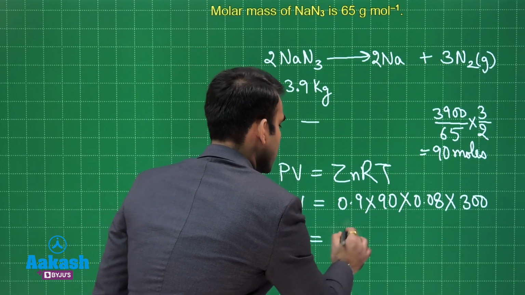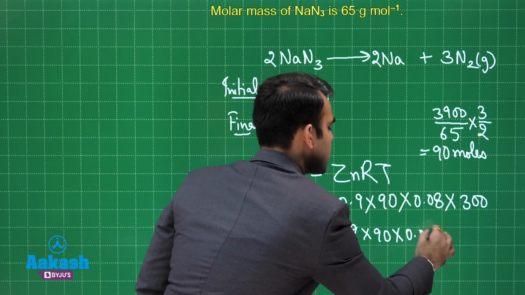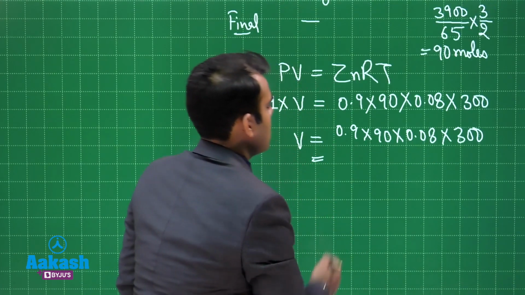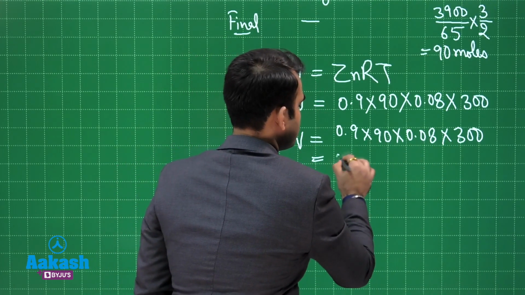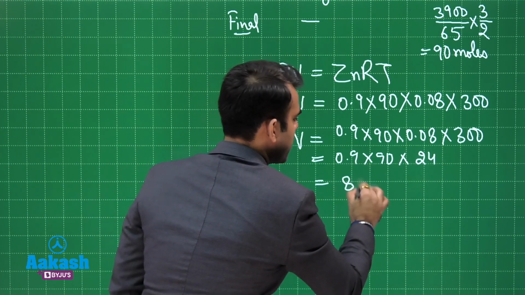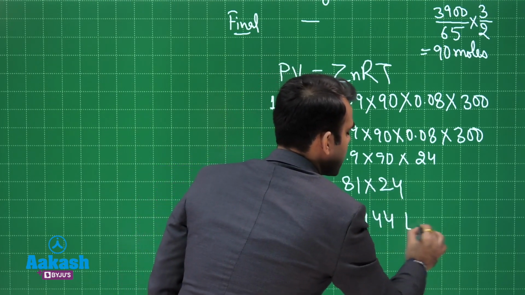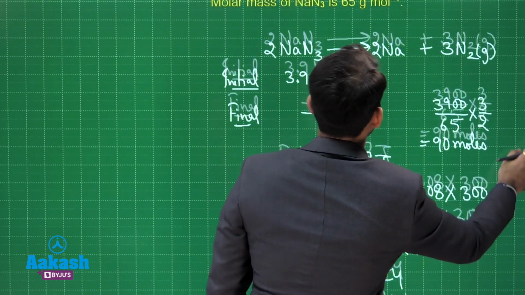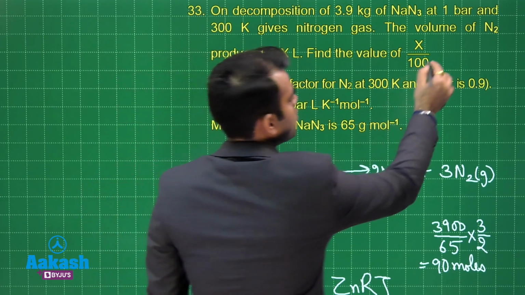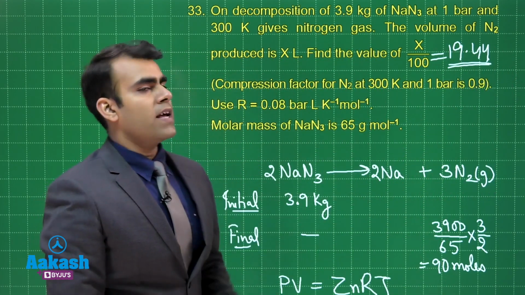Now we have to calculate volume, that is 0.9 into 90 into 0.08 into 300, and that value is 81 into 24, that is 1944 liters. But the question is asking what is the value of x by 100. Here I have calculated x, so this x by 100 becomes 19.44. So this will be the answer.